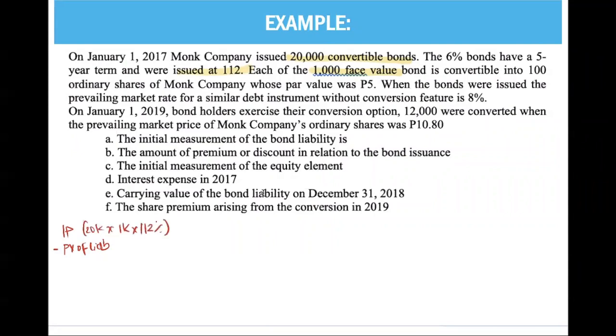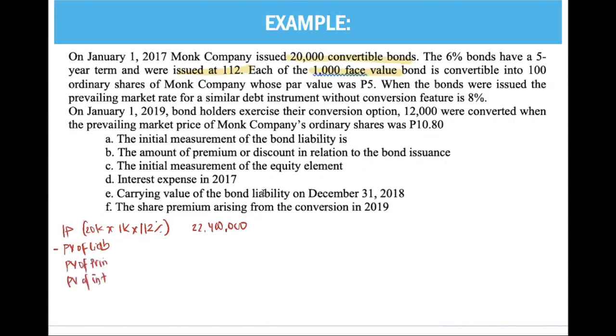How much is our issue price? 20,000 times 1,000 times 112%. This is 22,400,000.